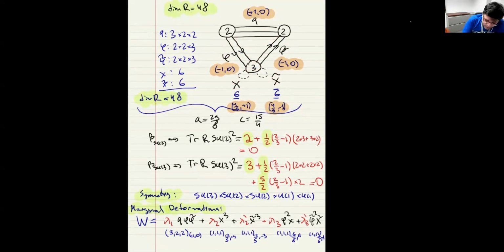Okay. The total number of fields you can count: there are 12 Qs, there are 12 phis, 12 phi tildes, and these are 6 and 6. So in total, the number of chiral fields that we have is 48, what we need. If we would orient these arrows oppositely, this would also have given us the same numbers, but it is a different theory. Okay. And this theory turns out to be not dual to the G2 theory that we are discussing.